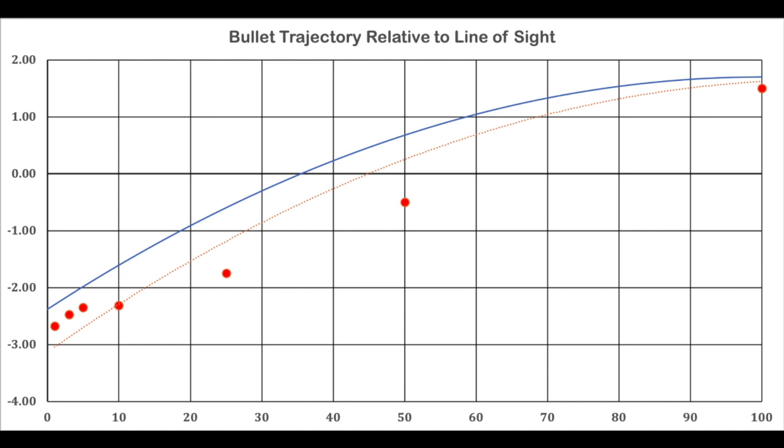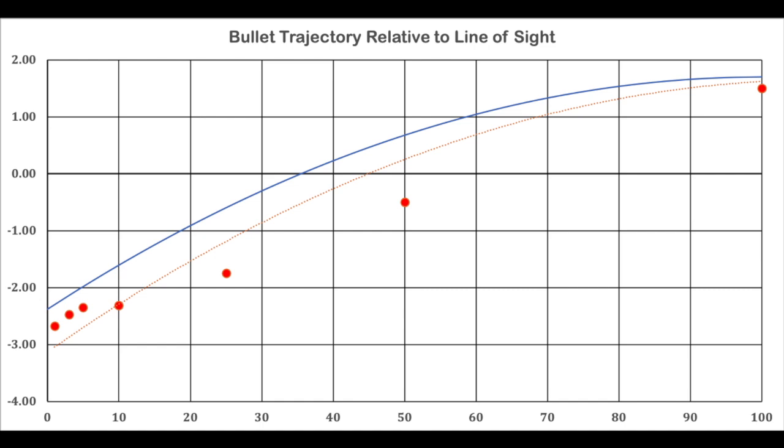What I can say is that while the model predicts the behavior in a general sense of having shots low at close range and then eventually passing through the line of sight and being above it at further ranges until it eventually gets back to the 0 point, quantitatively, the model seems to underpredict the amount by which the shots deviate from the line of sight.